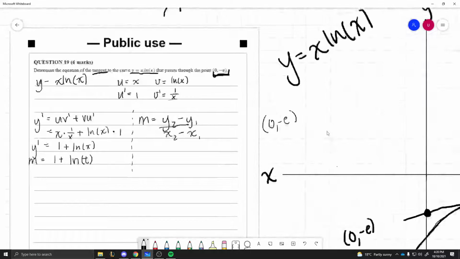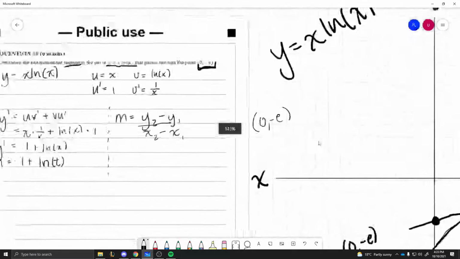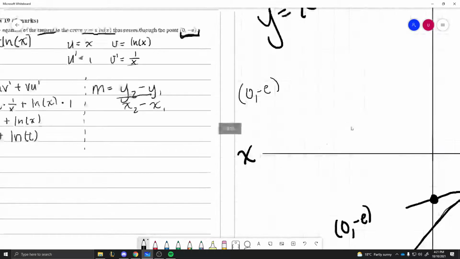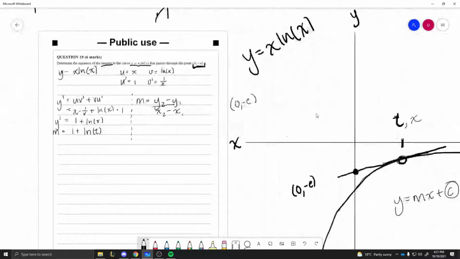And this usually only works with straight line equations, because it wouldn't really work with curved equations. So, using this, because we have one straight line equation but no way of finding t, we need to find the t value at that point. Remember, this is the t point, the x point that we need to find, because this will give you the m to find the x in this equation.